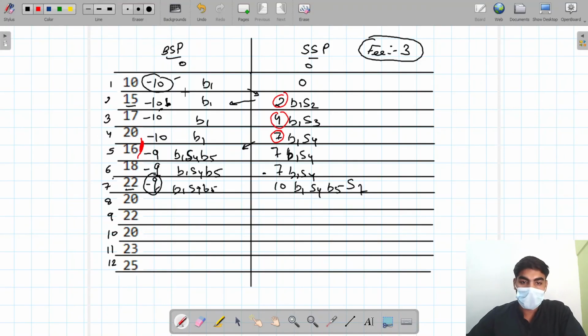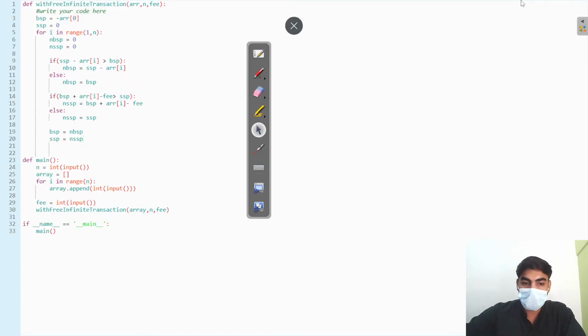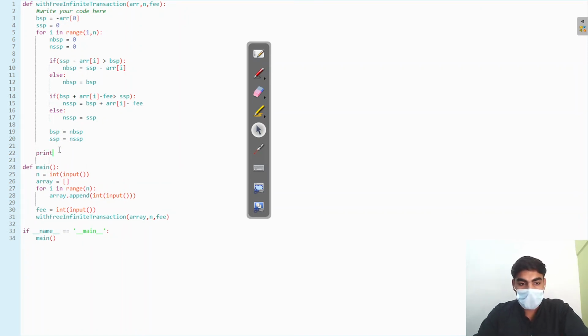For this one, 10 is the buying state profit, but now it is the new buying state profit, and the same for selling state profit. At the end I am printing selling state profit.